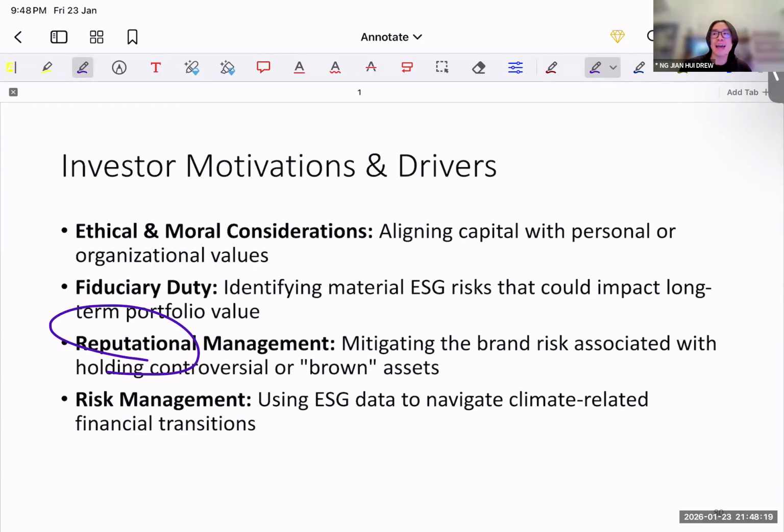That's how NGOs try to tackle companies with practices like deforestation or water pollution, and force them to be greener and respect deforestation policies.